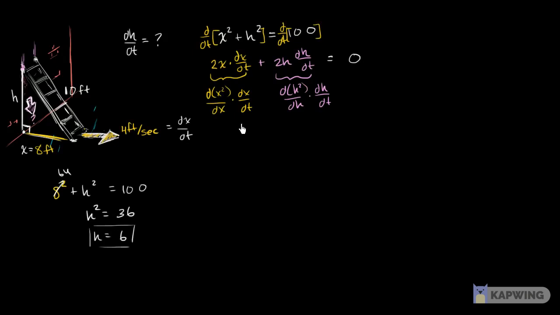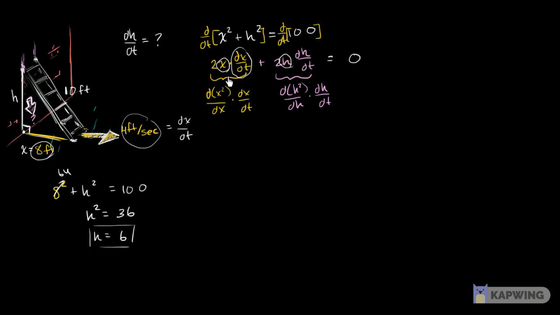So now we know. We can look at this original thing right over here. We know what x is. That was given. Right now, x is 8 feet. We know the rate of change of x with respect to time. It's 4 feet per second. We know what h is right now. It is 6. So then we can solve for the rate of h with respect to time.